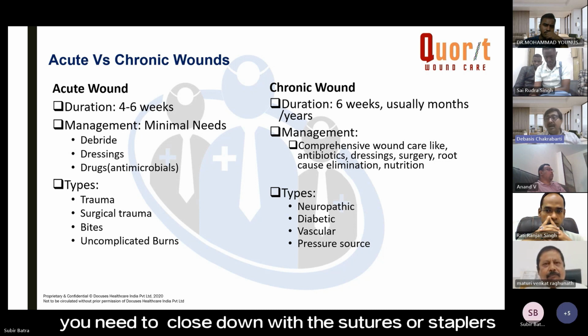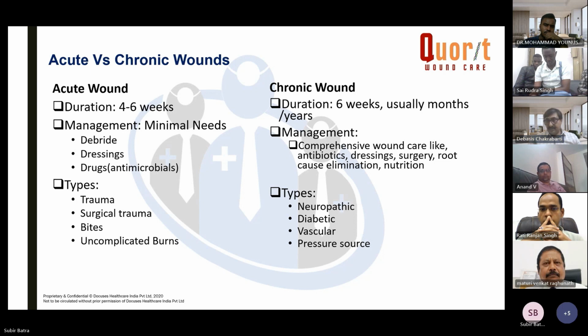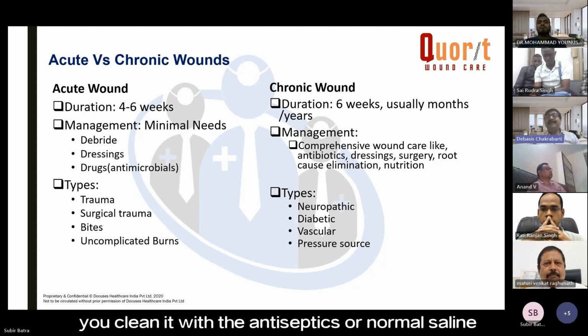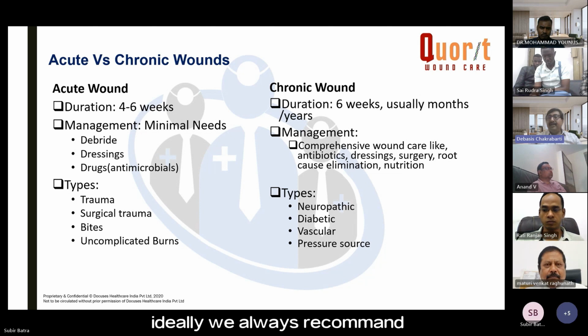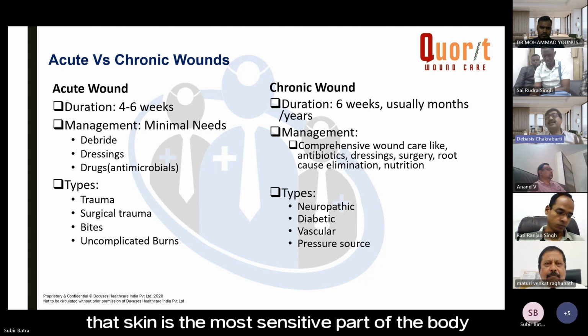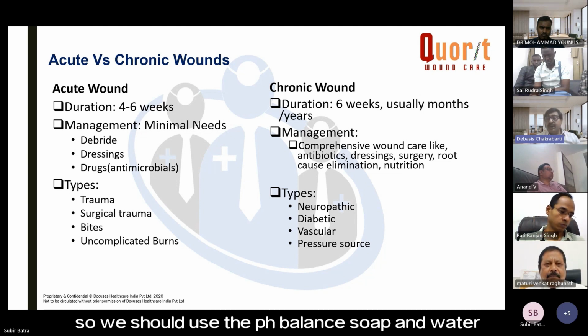You need to close the wound with sutures or staplers. If there are foreign particles, foreign substances or sloughs, you clean it with antiseptics or normal saline. Ideally, we always recommend that skin is the most sensitive part of the body, so we should use pH balanced soap and water.